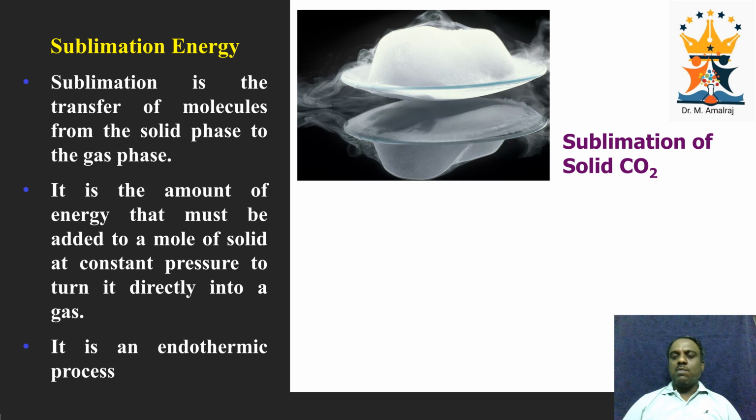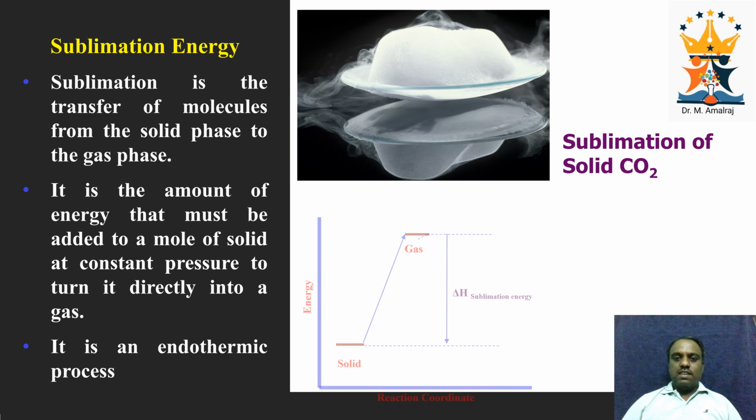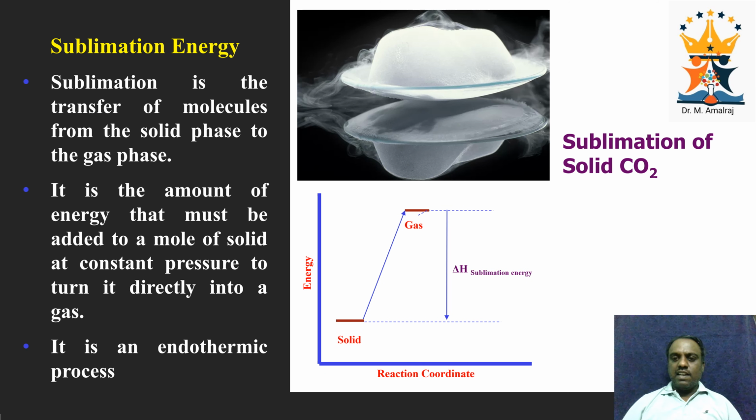Sublimation of solid carbon dioxide and of camphor are examples. Looking at the energetics, the solid is directly converted into gas, and since the energy of the gaseous species is high, the delta H of this process will be positive. That means it is an endothermic reaction.